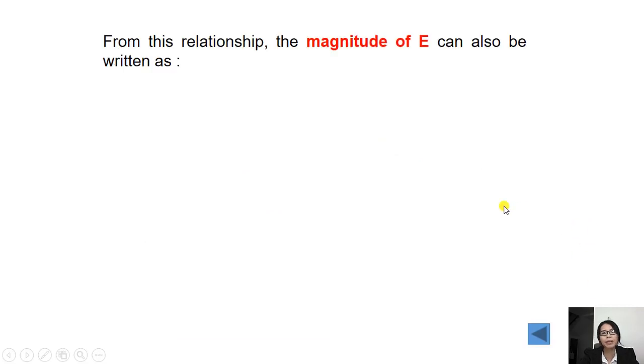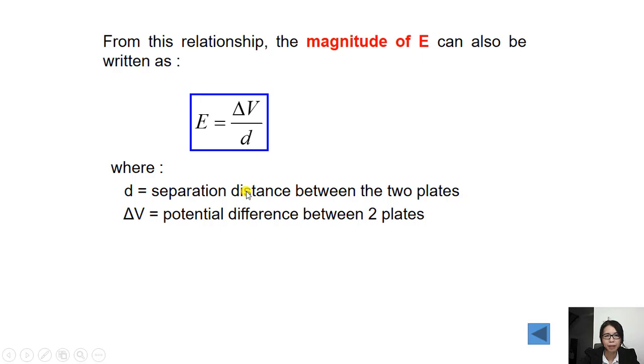From this relation, we can calculate the magnitude of the electric field for a uniform electric field, whereby the magnitude is given by delta V, the potential difference between the two plates, divided by the separation between the two plates.